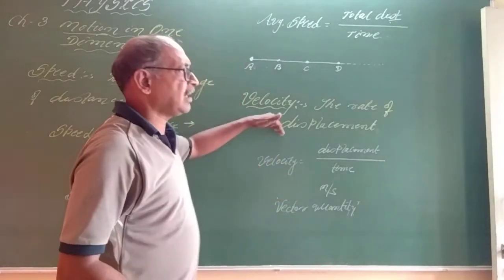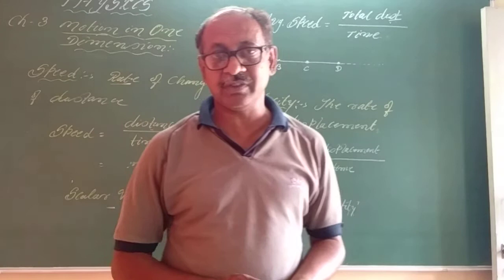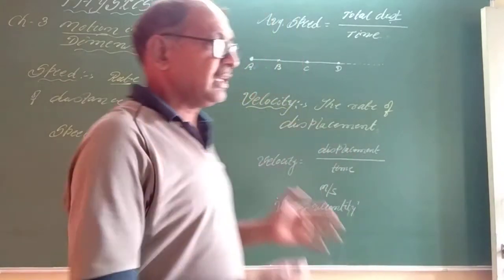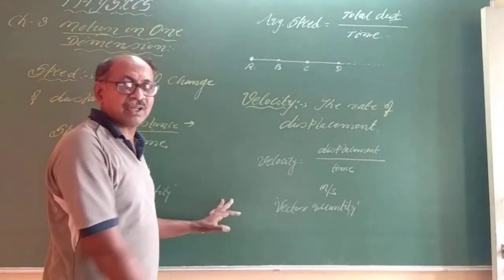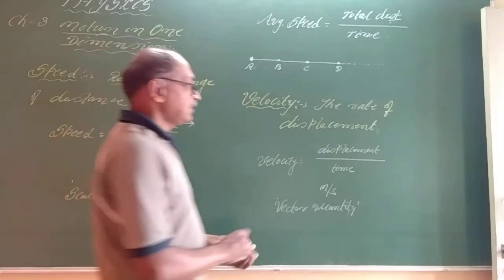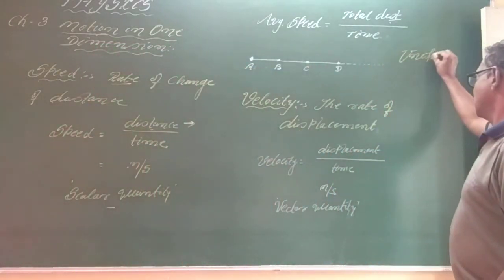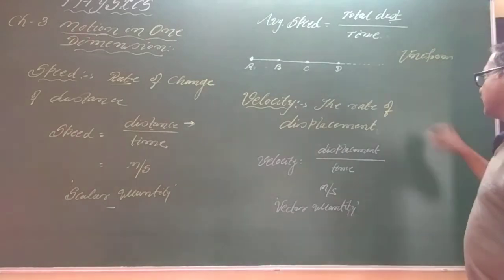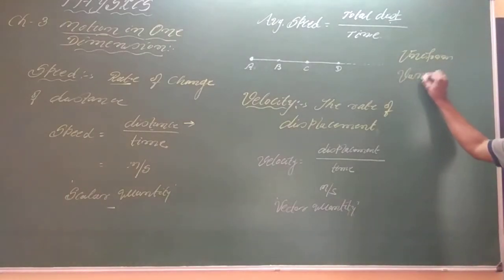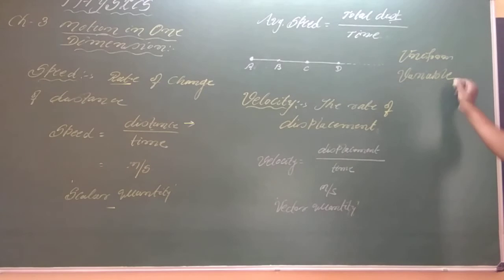Here also we have several types of velocity. One is called uniform velocity: equal distance travelled in equal interval of time, then it is called uniform. Another one is variable velocity.